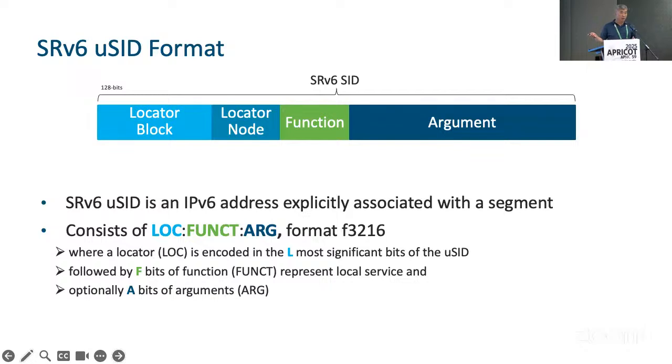Okay, with micro segments, for the 128 bits we want to define a few things we call the locator. The locator will involve a locator block and locator node. And then we have the function. And of course, arguments are optional, but if you need to input certain parameters, the mechanism is there.